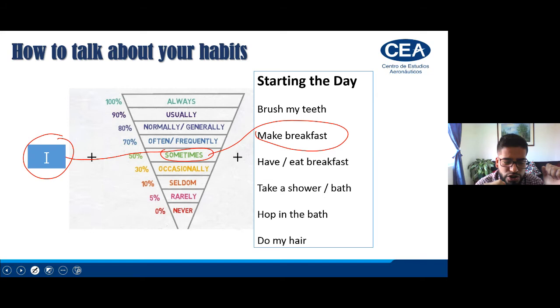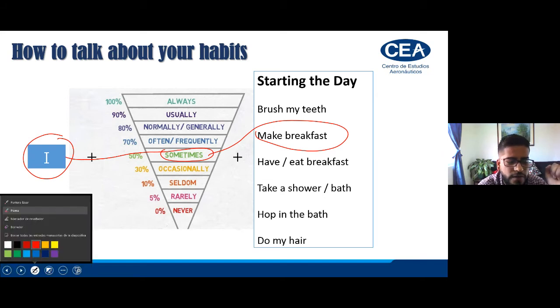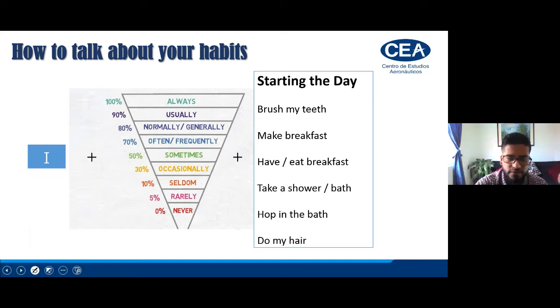It's possible, and there are some specific exceptions where you can use the adverbs at the beginning. For example, it's possible to use normally, or sometimes, maybe generally, at the beginning of the sentence. So you can say, normally I make breakfast, or sometimes I make breakfast.